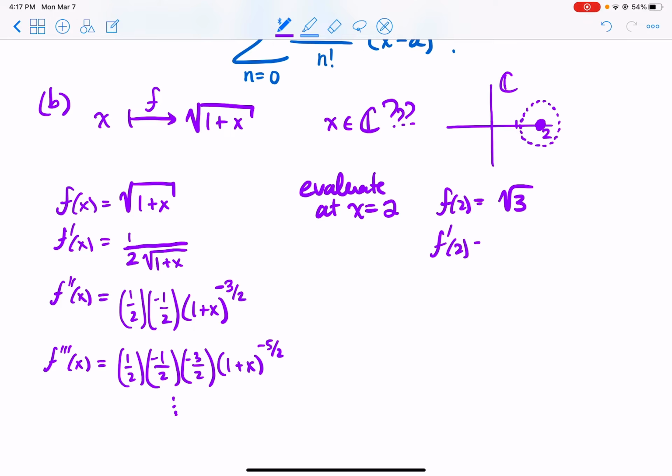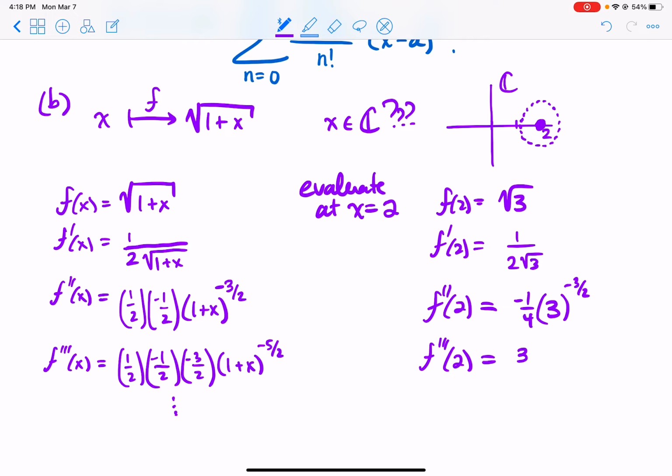F prime of 2 is, f double prime of 2 is, I have to plug in a 2, f triple prime of 2 is some number.